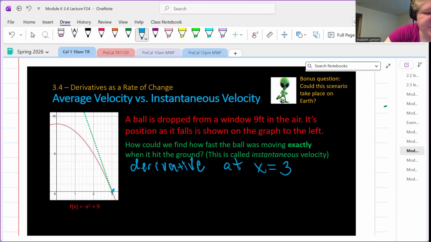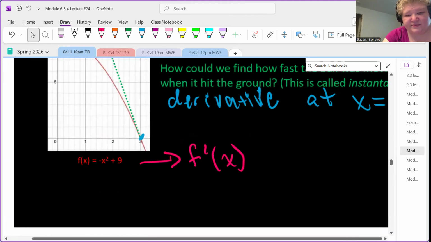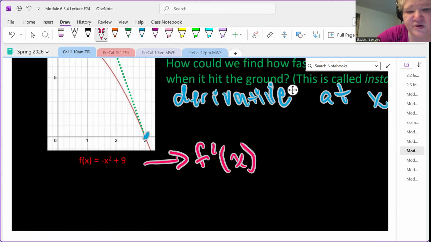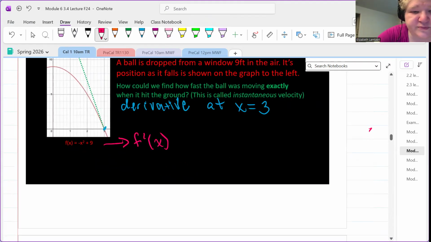So I've got my function. I'm going to go ahead and find my derivative. So f prime of x. My f of x is negative x squared plus 9. The derivative of negative x squared: I'm going to write that negative sign as a -1, times the derivative of x squared.